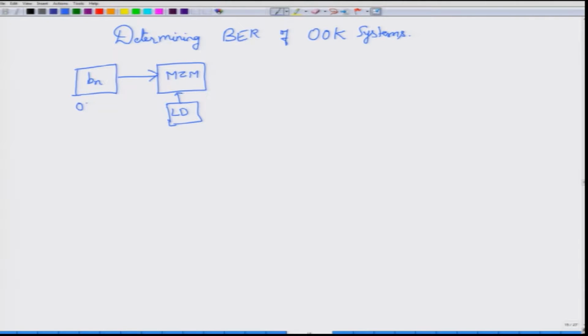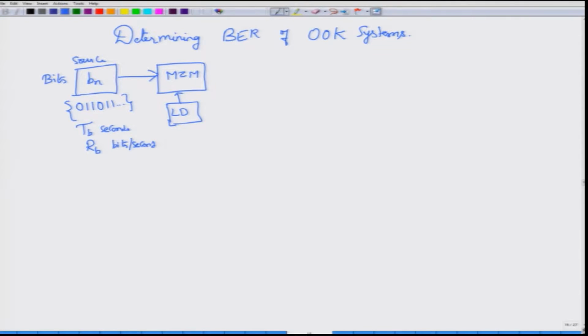Bit sequence could be 0, 1, 1, 0, 1, 1 and so on, right. These bits are coming out every T_B seconds, at a rate of R_B bits per second. So, this is the rate of the source which is generating the bits.